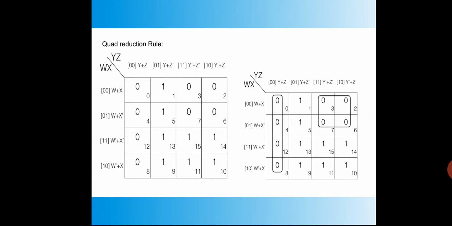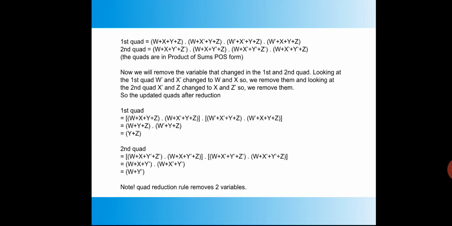That first position is nothing but w plus x plus y plus z. How did you get that? Because the first position bit value, that first square, represents all zeros. If it is all zeros, then obviously your value will be w plus x plus y plus z. Now what is the second thing? Into w plus x dash plus y plus z.